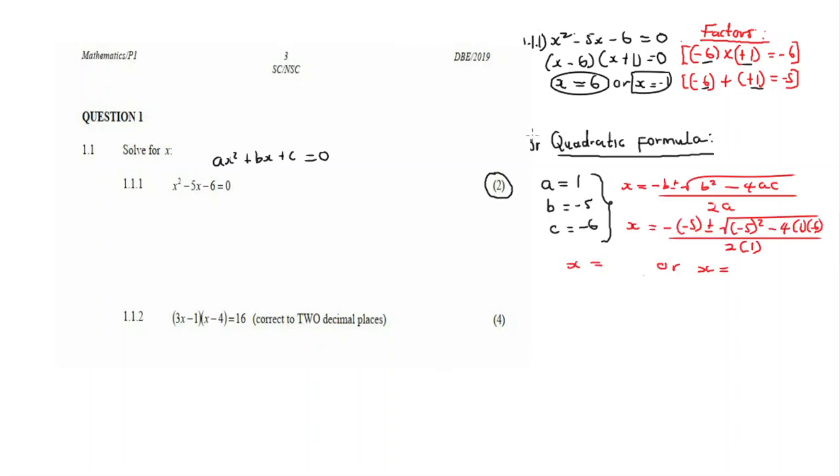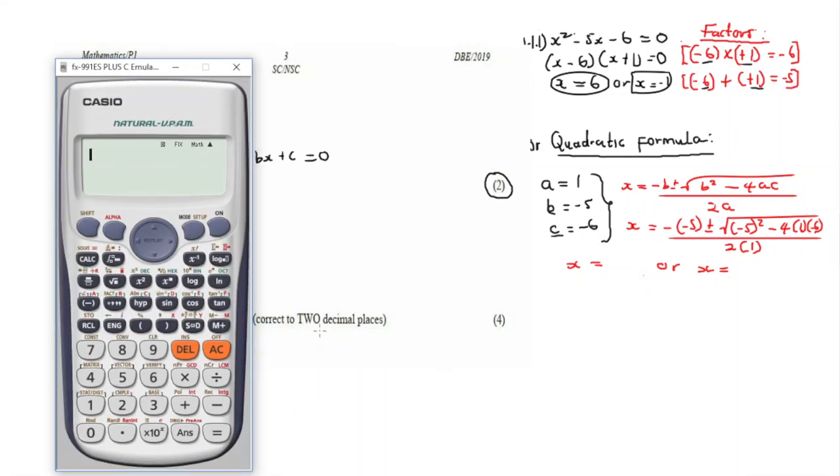So this is the quadratic formula. From this equation, I see that a is equal to 1, b is equal to -5, c is equal to -6. After plugging into the quadratic formula, I get this. After substituting I can calculate. I want to prove that the quadratic formula still works.